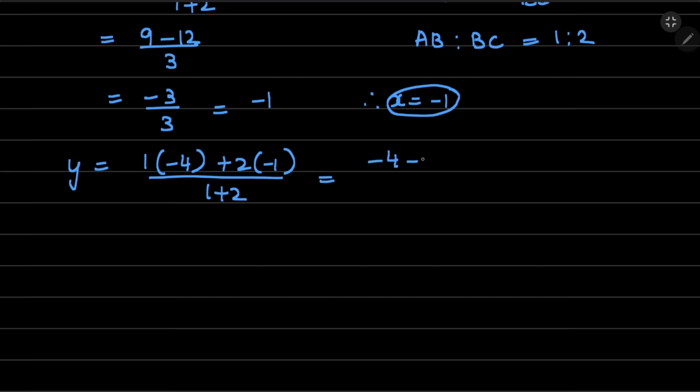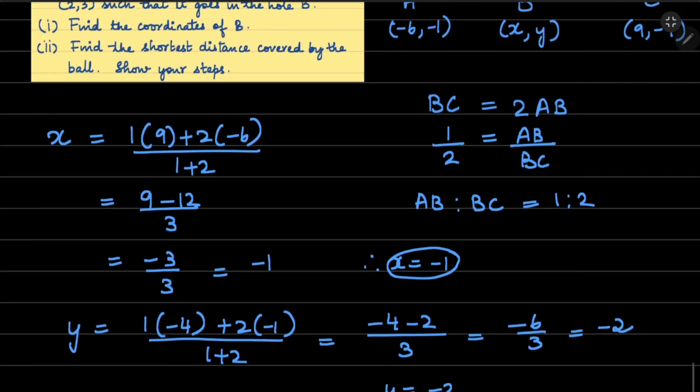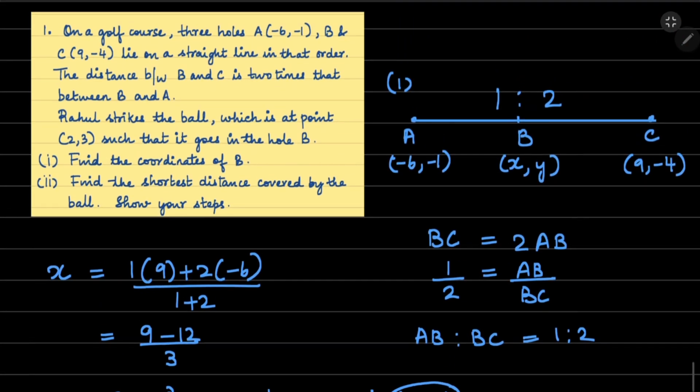This is -4 minus 2 divided by 3, since 1 plus 2 is 3. So -4 minus 2 is -6 by 3, which is nothing but -2. Therefore the y coordinate of the point B is -2. So the coordinates of B will be (-1, -2). And that's the answer for the first question.